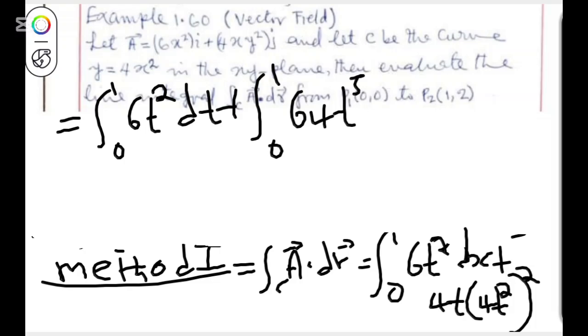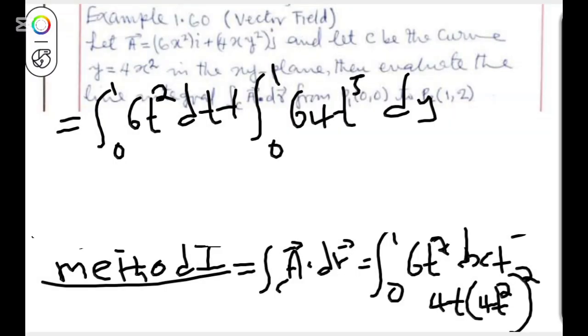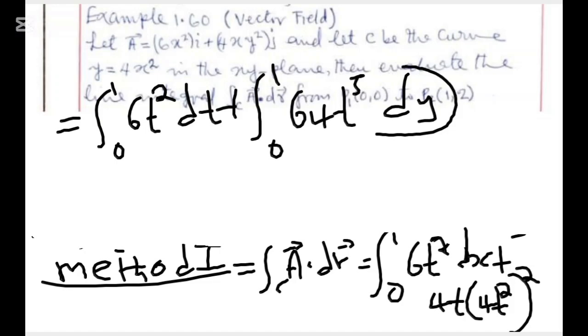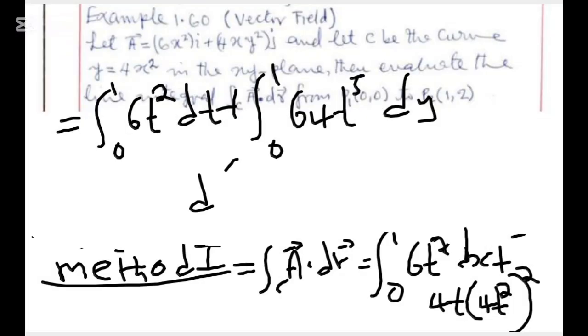So then I have to say multiplied by dy. And don't forget, from here I have dy, and here I have dx. So I turn x to be t. So here I am having dy. This dy should be d multiplied by the value of y. As I said before, the value of y is equal to 4x squared.